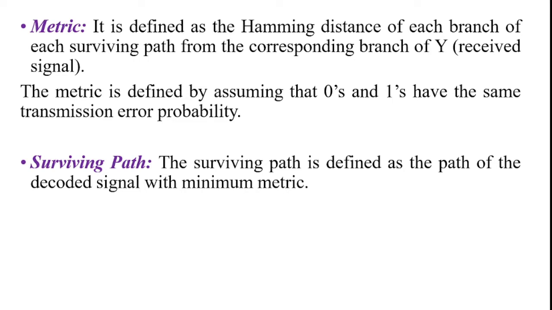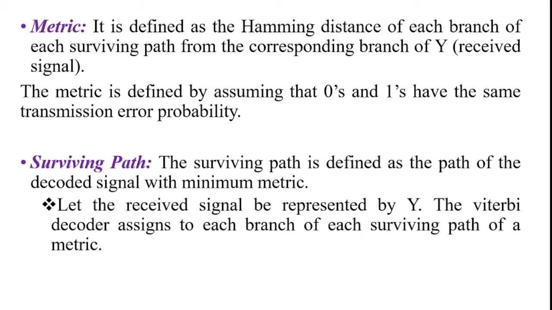Let the received signal be represented by Y. The Viterbi algorithm assigns a metric to each branch of each surviving path, and by summing the branch metrics we get the path metric. So that is the metric and surviving path definition.